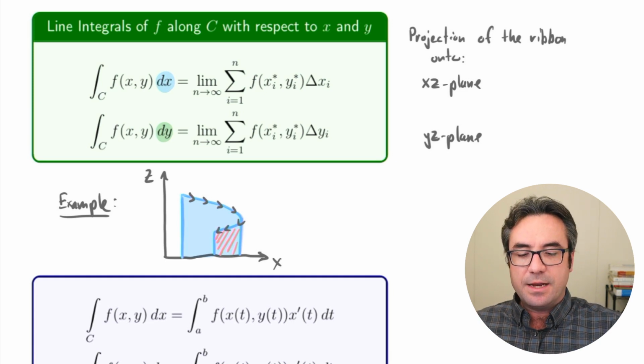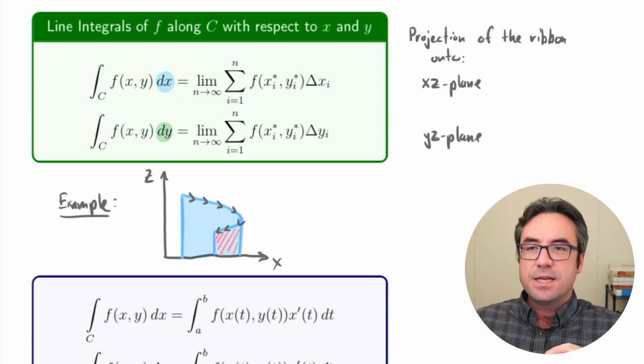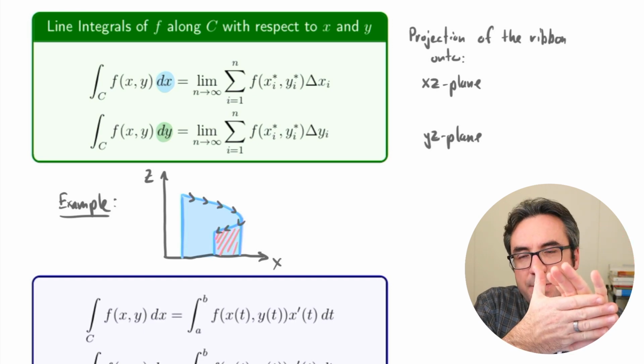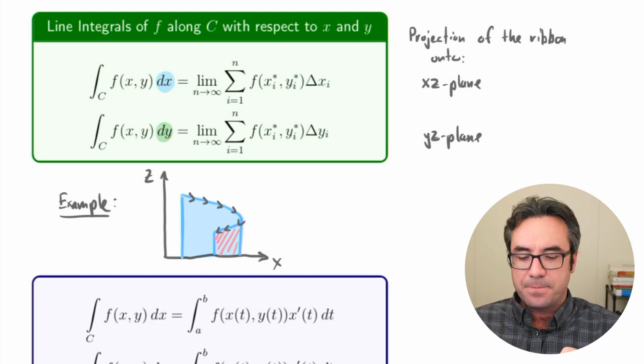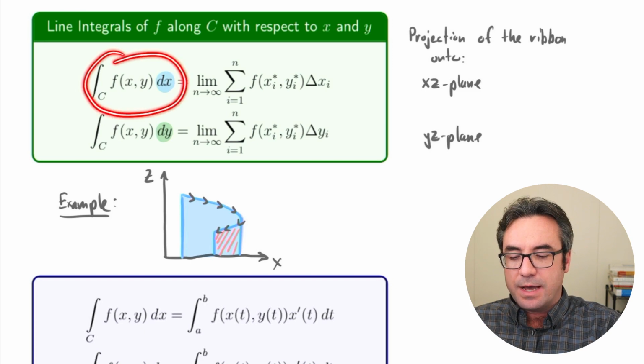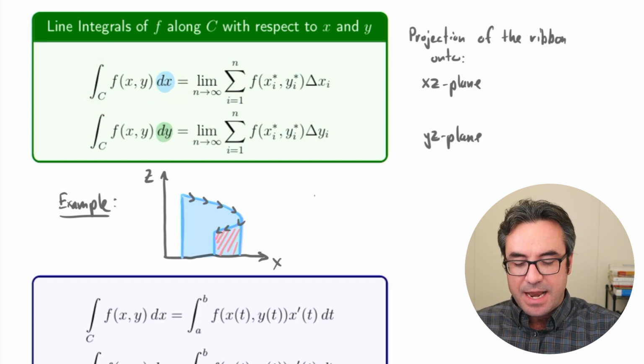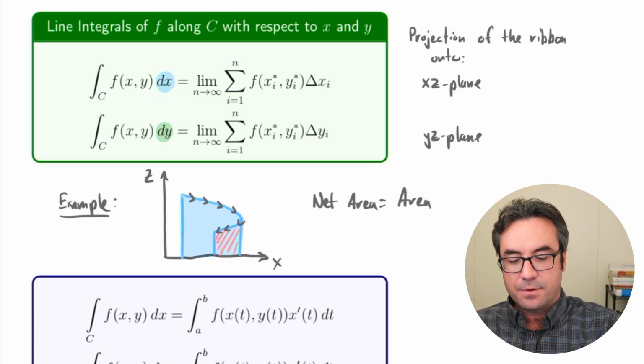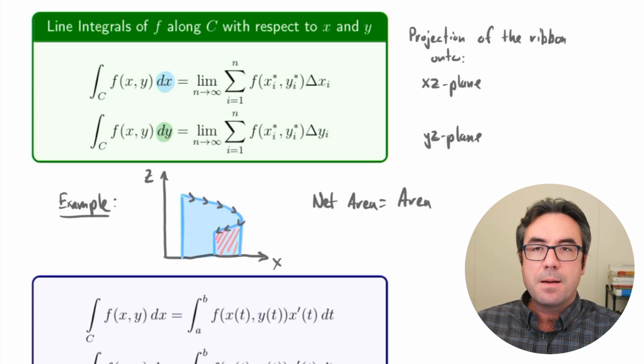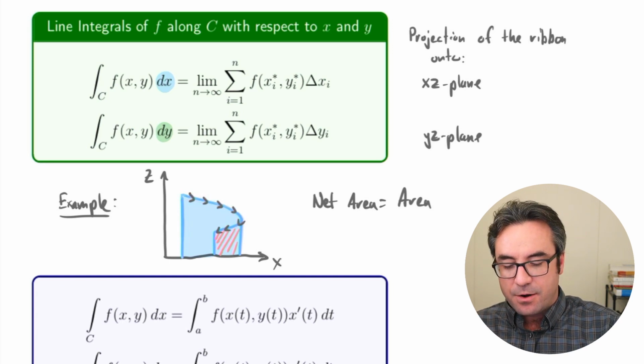So what this line integral with respect to x does is, again, we collapse the ribbon down onto the xz plane. And then what this line integral calculates is the net area that we see. So it's the area when we are traveling to the right minus the area, where we have this, we're traveling to the right here.